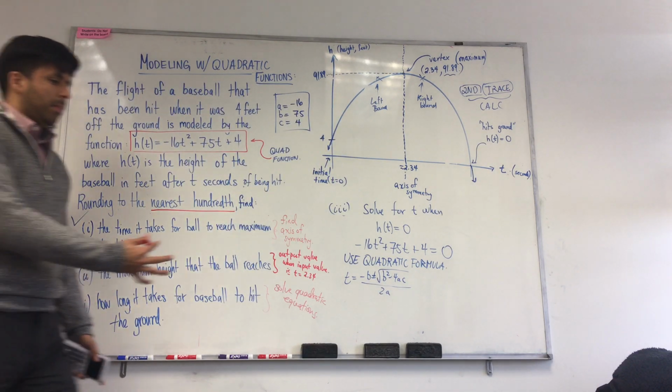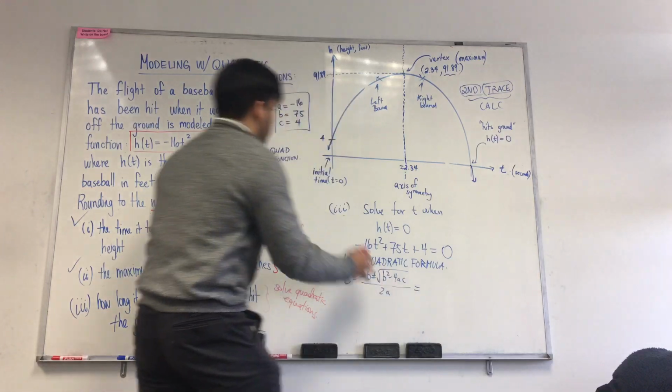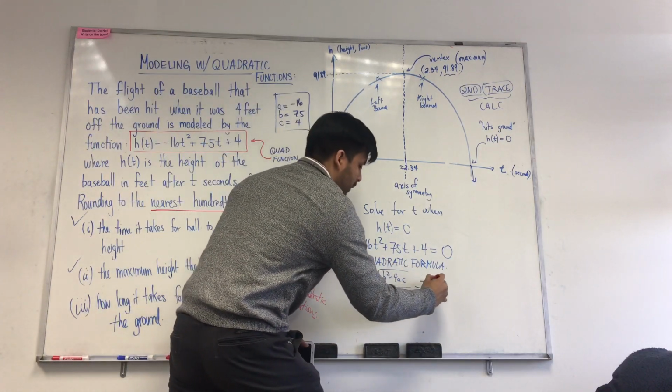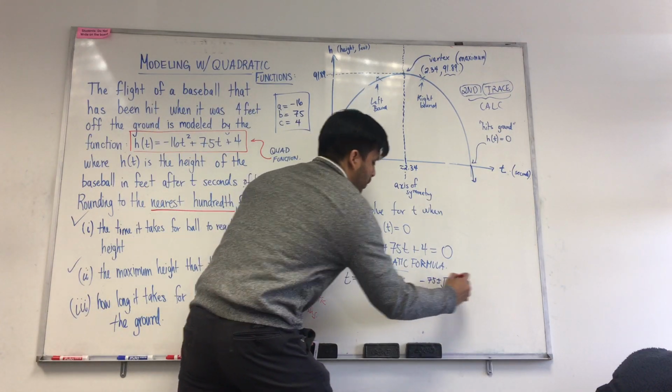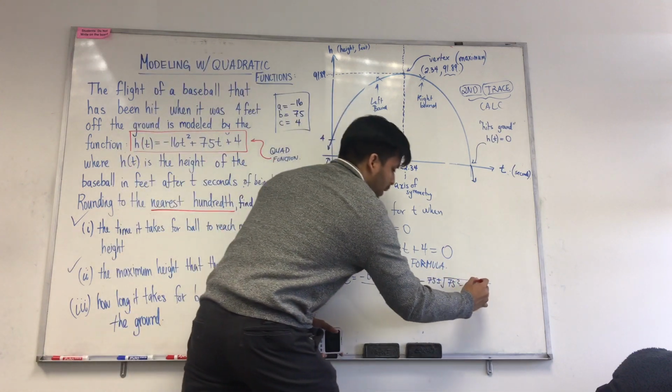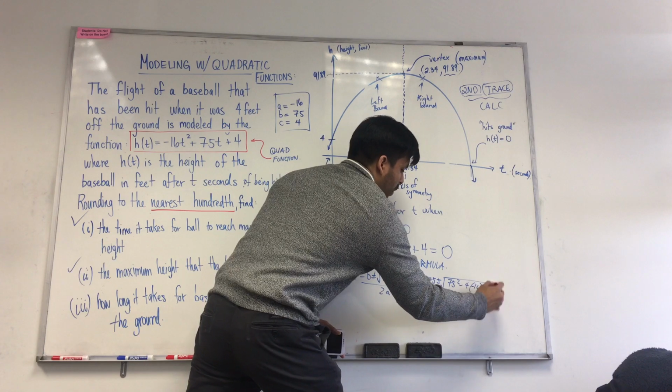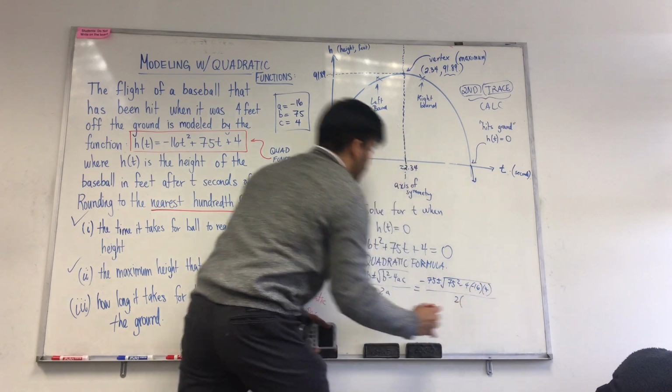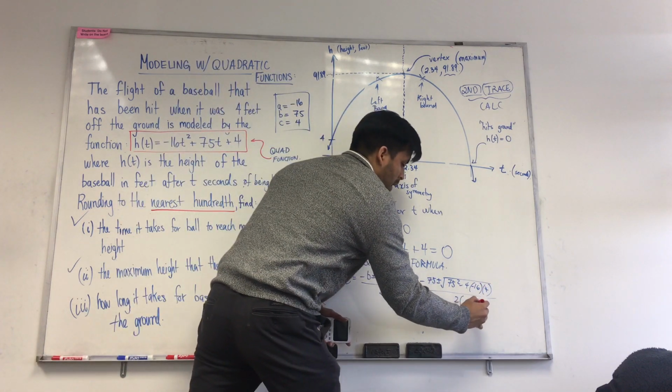And all we do now is plug in the values accordingly. My b value is 75, so I get negative 75 plus or minus the square root of 75 squared minus 4 times negative 16 times 4, all over 2 times negative 16.